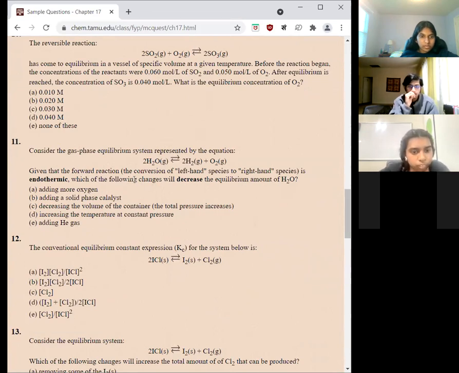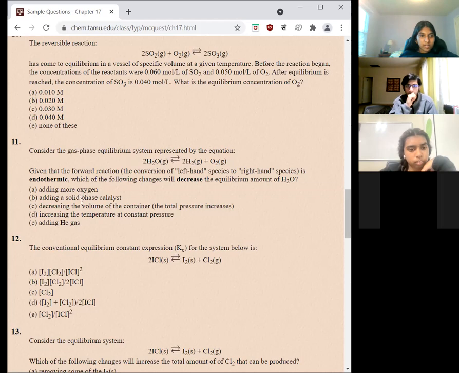So the forward reaction is endothermic. Which would decrease the equilibrium amount of H2O? What would decrease the amount of H2O is if the reaction was forced to the right, if we added something to the reactants to create an excess of reactants, and we would have to push it to the right to get rid of it.